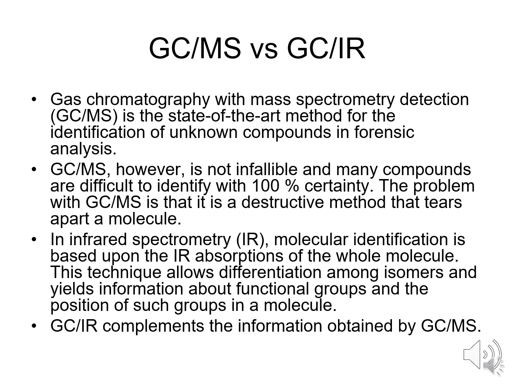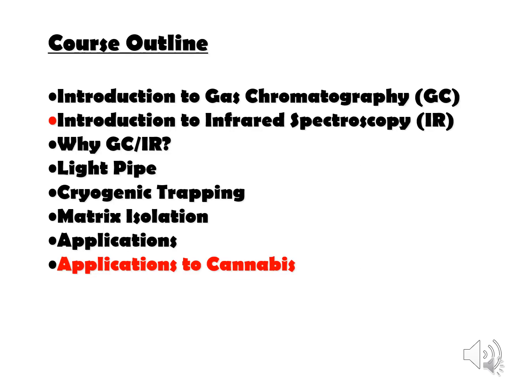The problem is that GCMS is a destructive method that tears apart a molecule, whereas infrared, on the other hand, is based upon the infrared absorptions of the whole molecule. This technique allows differentiation among isomers and yields information about functional groups and the position of such groups in a molecule. So GCIR is very useful when it complements the information obtained by GCMS.